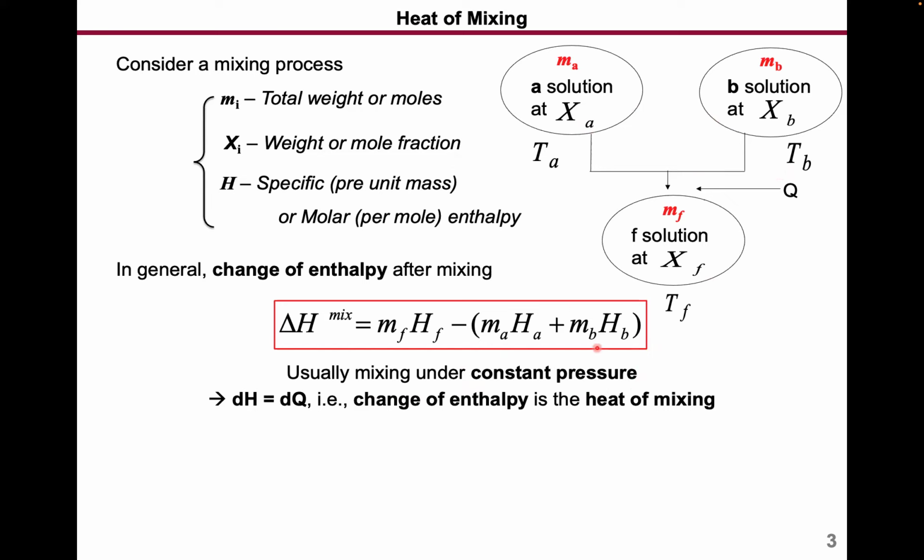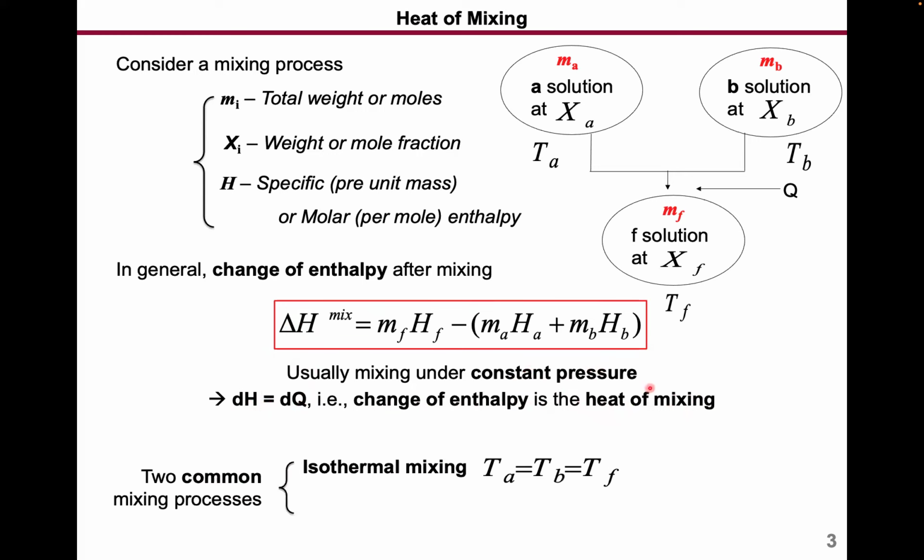So if it's a constant pressure process, in lecture 2, we already said that dH is just equal to dQ. Okay, so dH is the change in enthalpy, and dQ is basically the heat involved during the mixing, or basically we say dQ is just the heat of mixing. And then the change of enthalpy is equal to the heat of mixing under a constant pressure mixing process, okay?